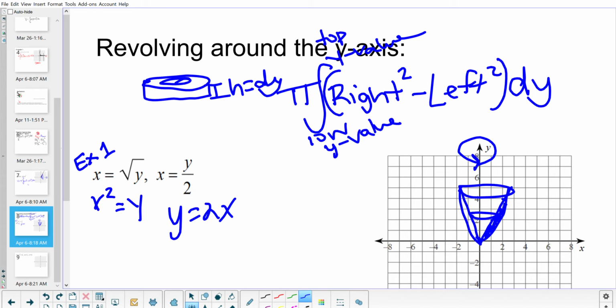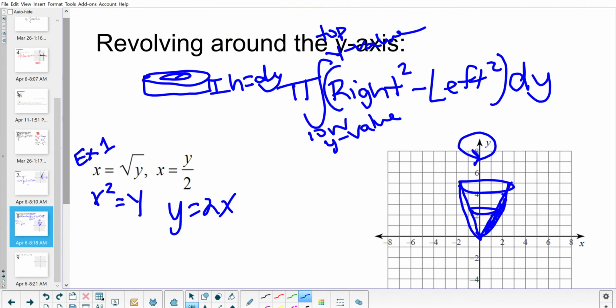So let's try that for this example right here. So, I solved for y so we could graph it, but we're going to have to go back to using the original ones that were given to actually do this problem. So the volume of this shape would be adding up all of the cylinders. Move the pi out front. Not cylinders. They would be washers, okay, which is like a hollow cylinder. Adding up all the washers from the y value 0 to the y value they intersect at, 4.